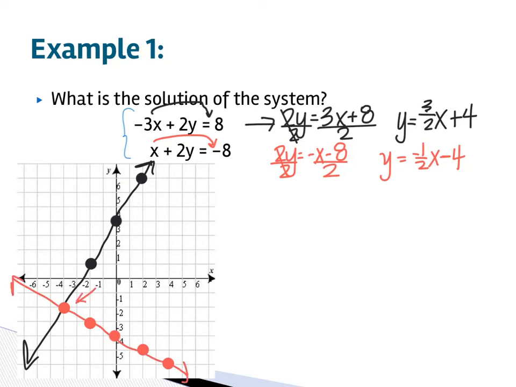The point at which they both cross is the solution. The coordinates of that point are negative 4, negative 2. And the solution of the system is x equals negative 4, y equals negative 2.